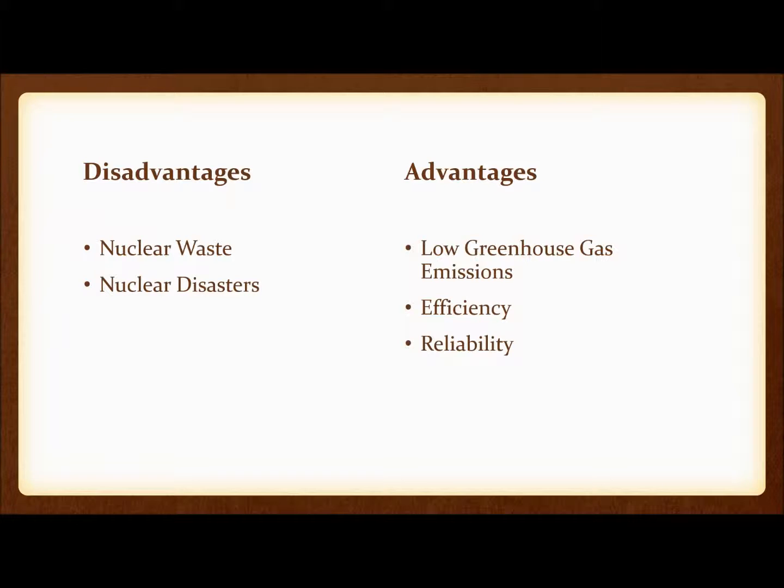Advantages: low greenhouse gas emissions, efficiency, and reliability. It is well known that climate change is a serious issue. The greenhouse effect is influenced greatly by high carbon dioxide emissions from other forms of electricity productions. Nuclear power plants emit less carbon dioxide than most conventional ways of producing energy, such as oil, natural gas, and even photovoltaic energy.